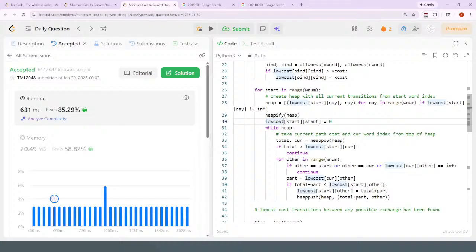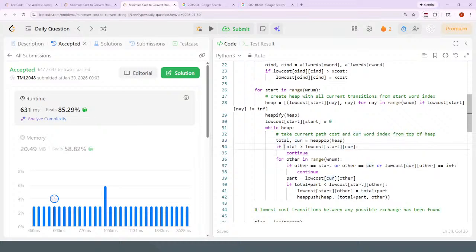I don't think this is necessary, but by default, the cost of transitioning from one letter to itself should be 0. And then explore the heap. So consider all the lowest cost stuff first. So take the total cost to get to a certain thing. What is that current thing?